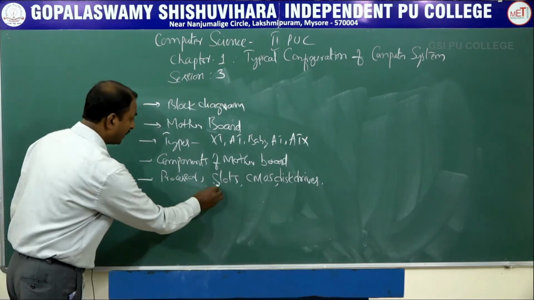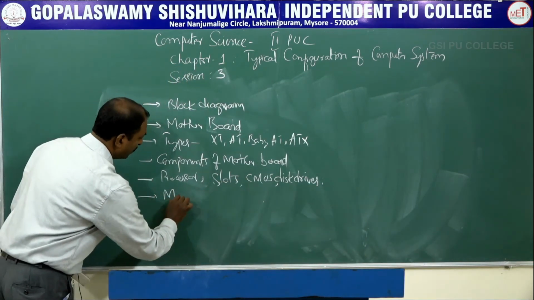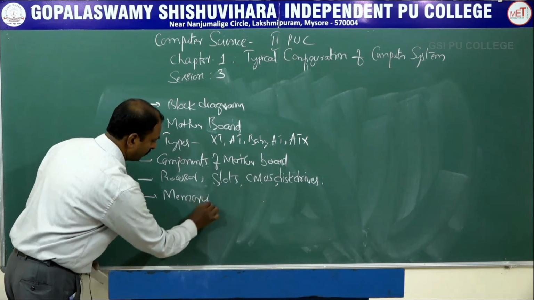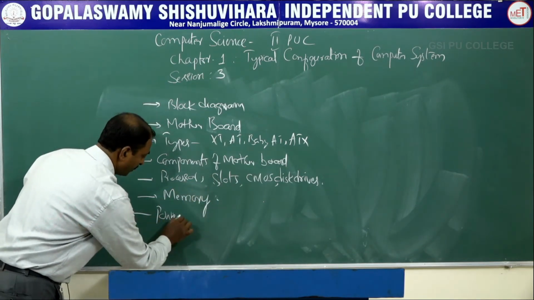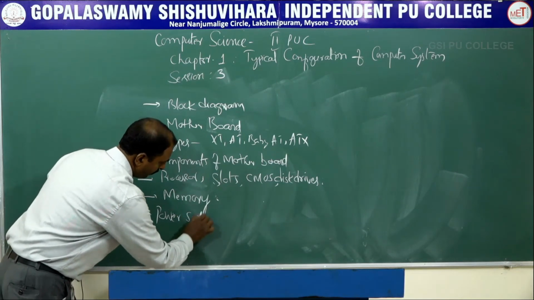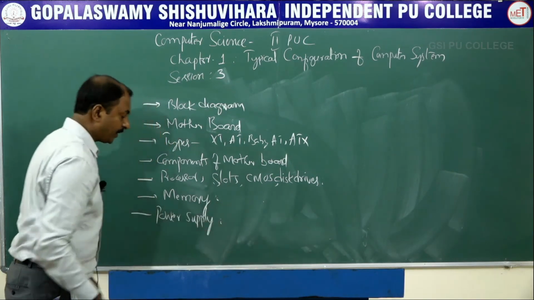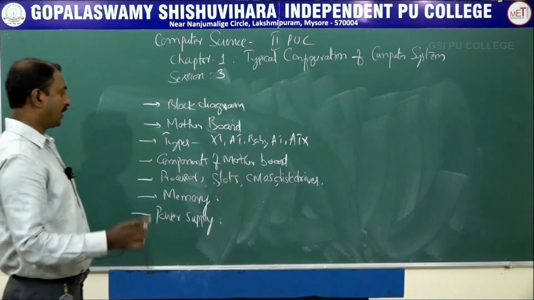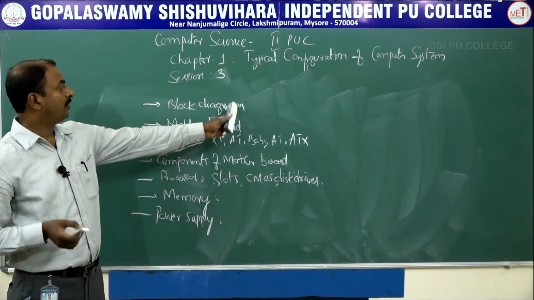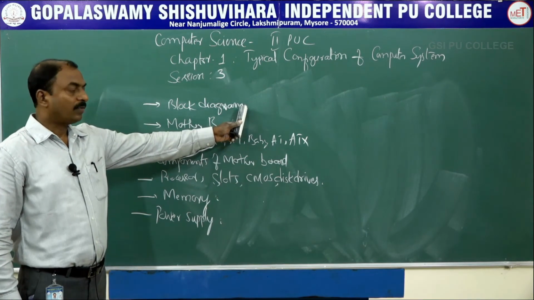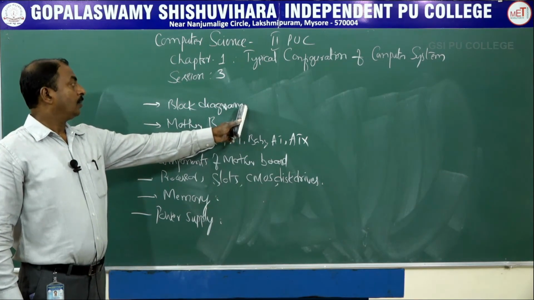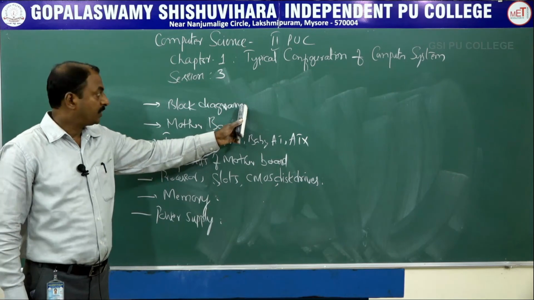Apart from that, computer memory system, then power supply to your computer system. So in the block diagram we learned how a computer works by looking at the block diagram of the computer system.